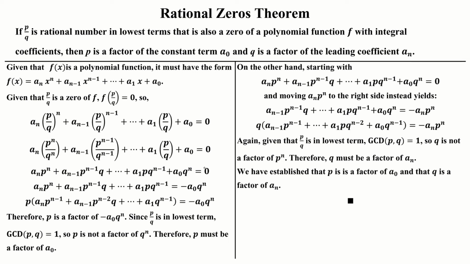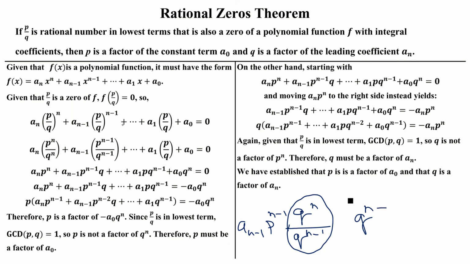So let me handle one of them for you so you see how that works. Keep your attention on this second term. You get Q to the n on the top, and you have Q to the n minus 1 on the bottom, alongside an minus 1 P to the n minus 1. So we get Q to the n minus quantity n minus 1, by the quotient rule.